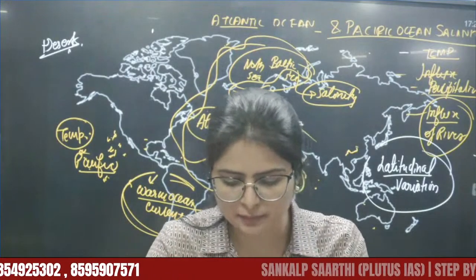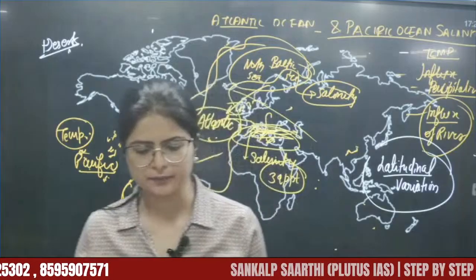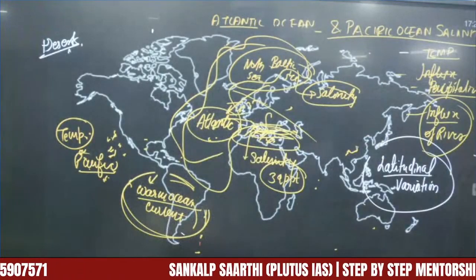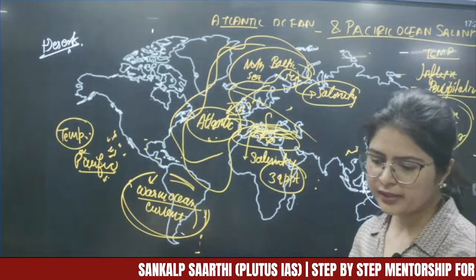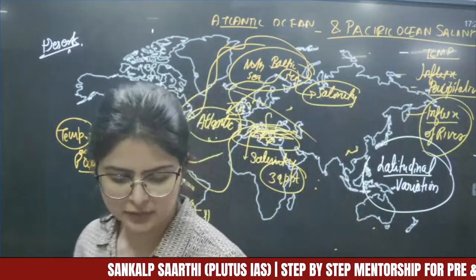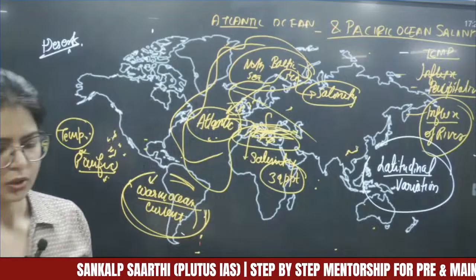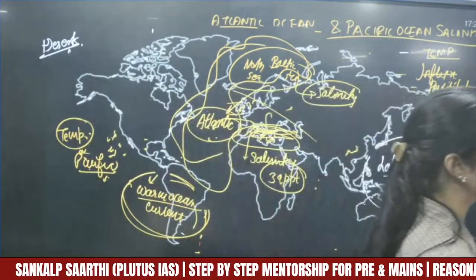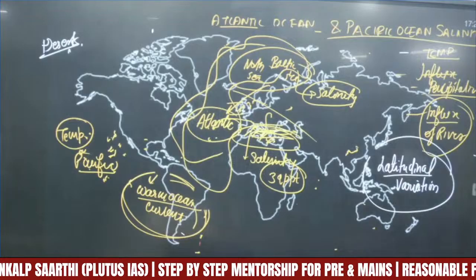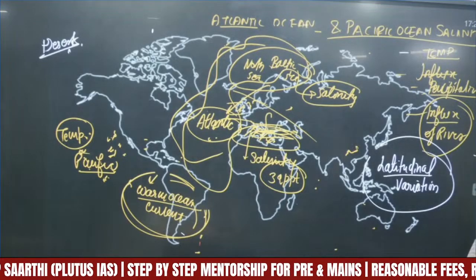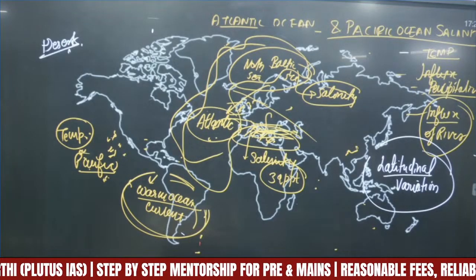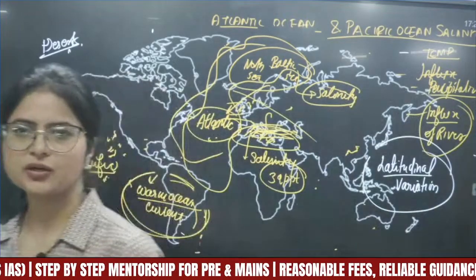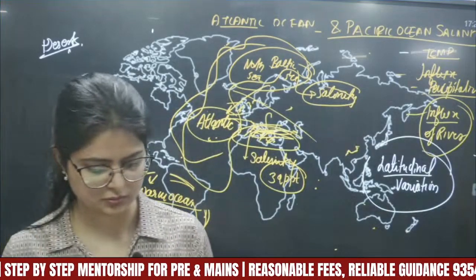Okay, write down: however, areas near the mouth of major rivers like the Amazon and Congo experience noticeable reduction in salinity due to large volume of water discharging into the oceans.